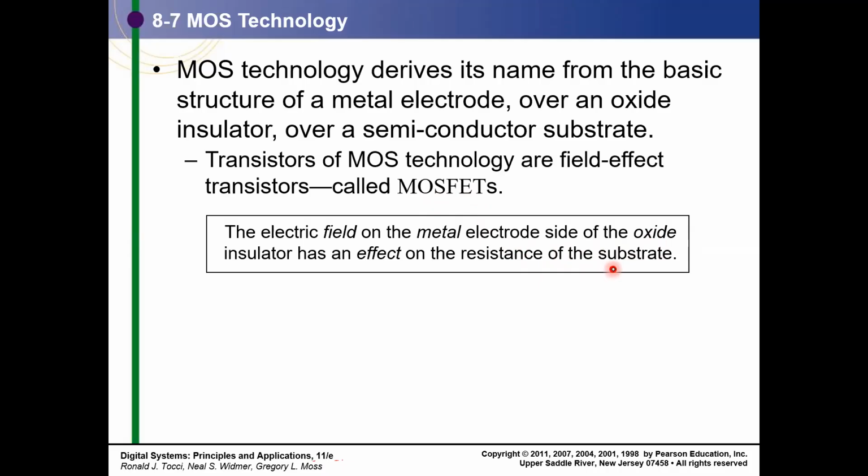What it means is that when you apply a voltage on the metal, which is the gate, either you form a conduction layer beneath it in the semiconductor region, or you don't. If you have a conducting layer, this is known as the channel, and the transistor conducts. If you do not have a channel, the transistor cannot conduct.